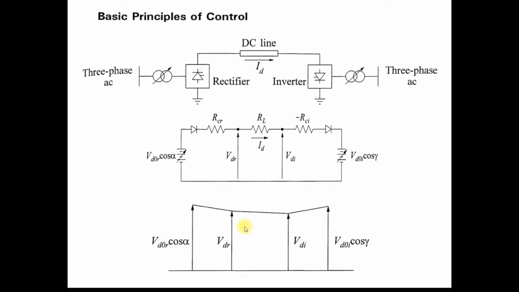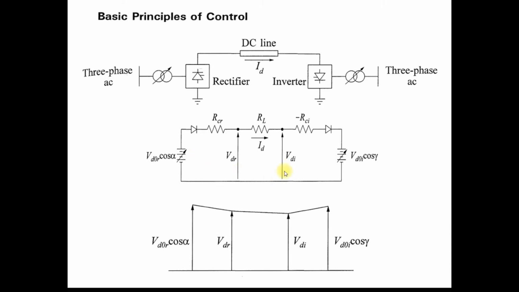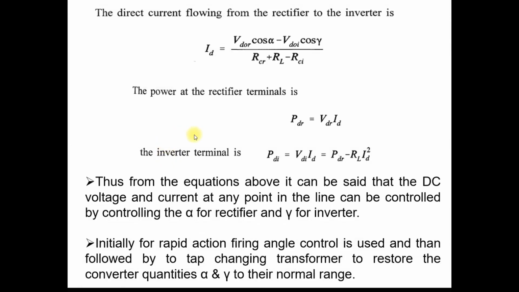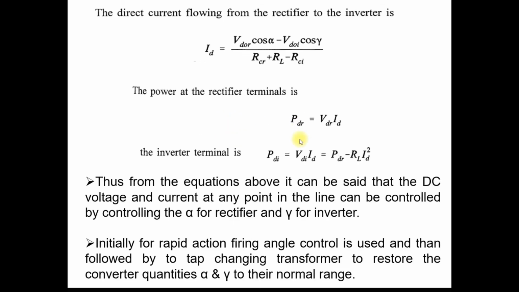Now, as we know from this equivalent circuit, the current flowing into this DC line is VD0 cos alpha minus VD0I cos gamma divided by the resistance RCR plus RL minus RCI. So the current ID is equal to VD0R cos alpha minus VD0I cos gamma divided by all these resistances.